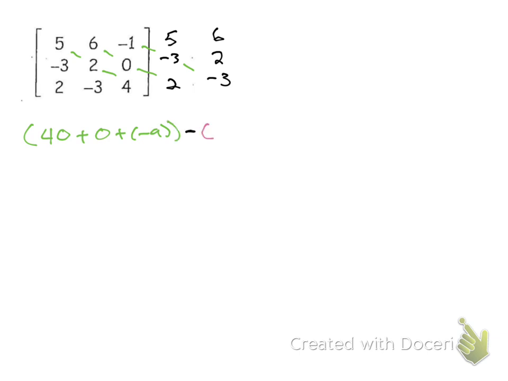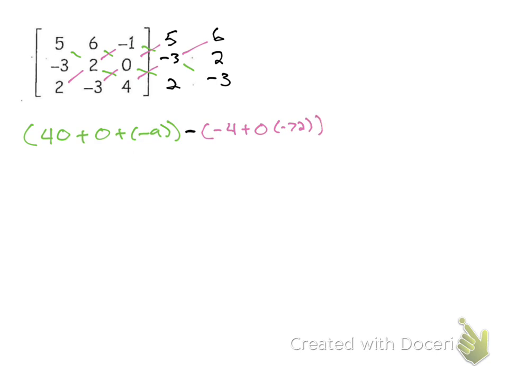Difference of the diagonals in the other direction. 2 times 2 is 4, times negative 1 is negative 4. Then I got my lovely 0. Negative 3 times 0 is 0. 0 times 5 is 0. And then 4 times negative 3 is negative 12 times 6 is negative 72.